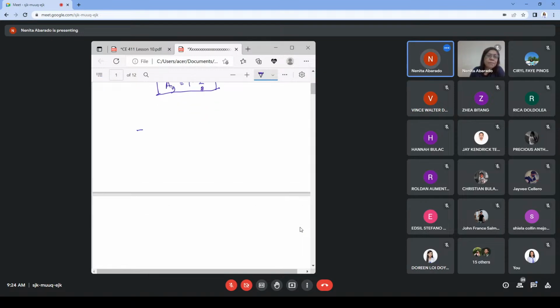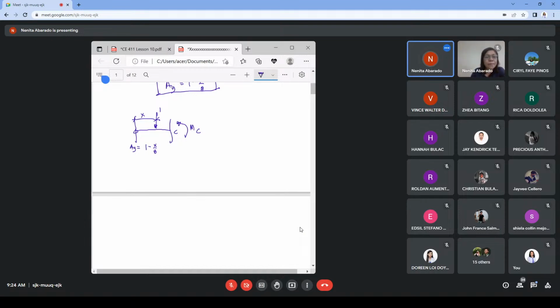So, let's say this is your AY, which is equal to 1 minus X over 8. And then, na-apply diri ay point C. Let's say this is moment at C. Let's say this is our 1. Let's say this is our X.